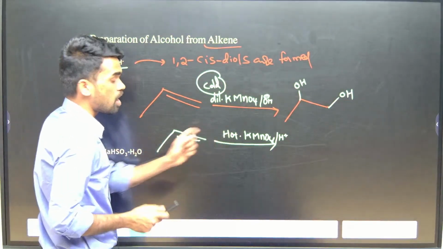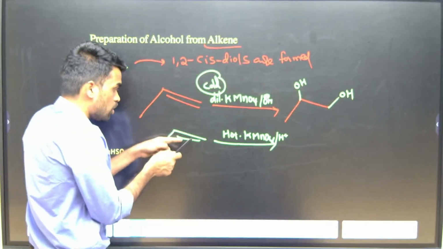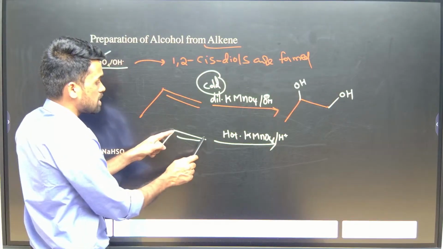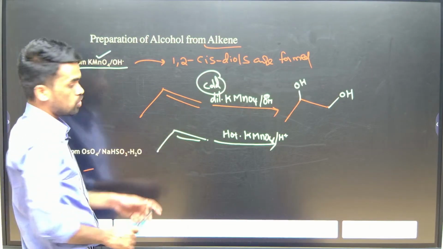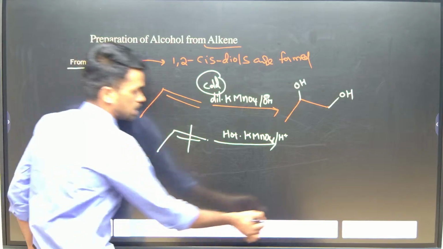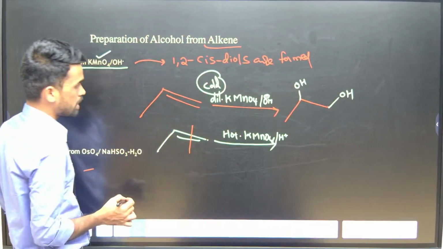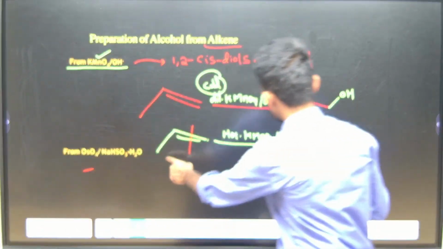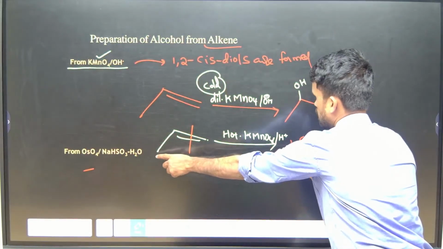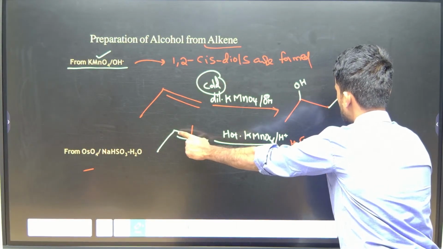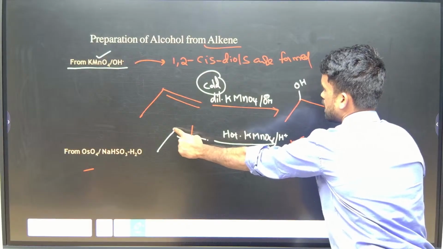Now when it is hot KMnO4, both the pi bond and sigma bond of this alkene carbon will break. So it will break into 2 pieces like this. Now what is the species here? You have CH3 attached to a carbon, and that carbon contains one hydrogen.